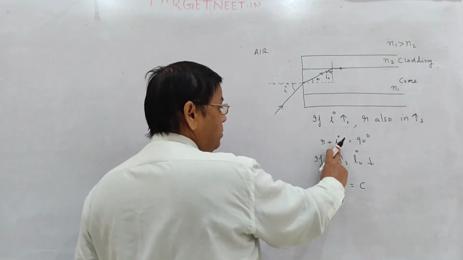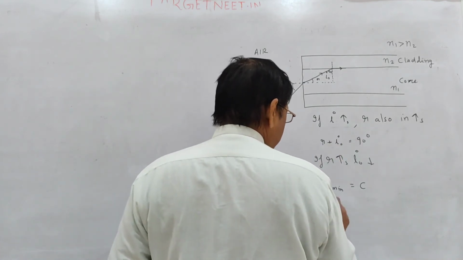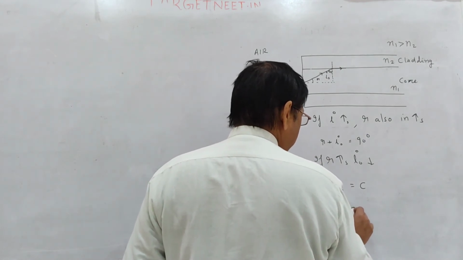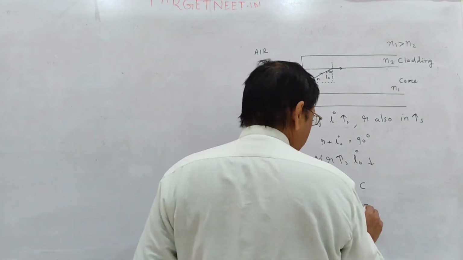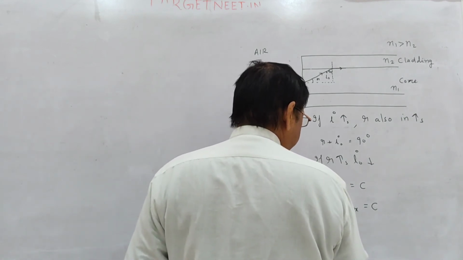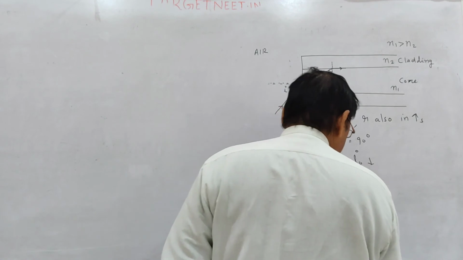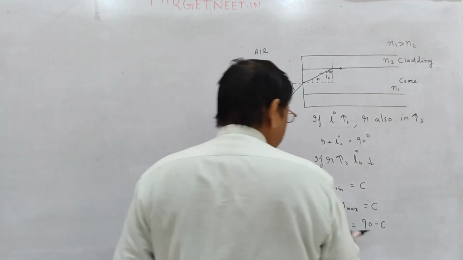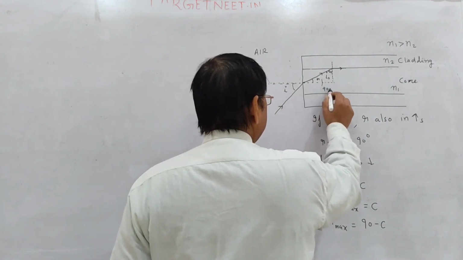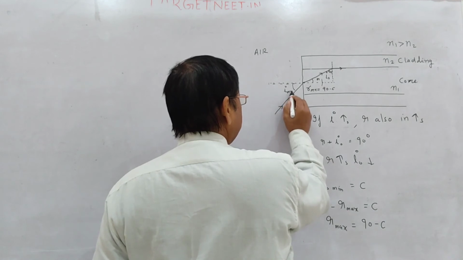And I naught we can write as 90 minus R. So here we can write 90 minus R maximum, because when R is maximum, I naught is minimum, is equal to C. So from here R maximum is 90 minus C. So the maximum value of R is this, and if R is maximum, then this I is also maximum.